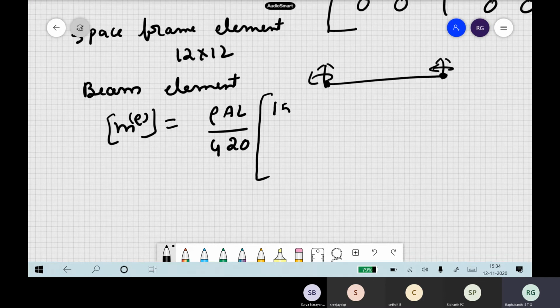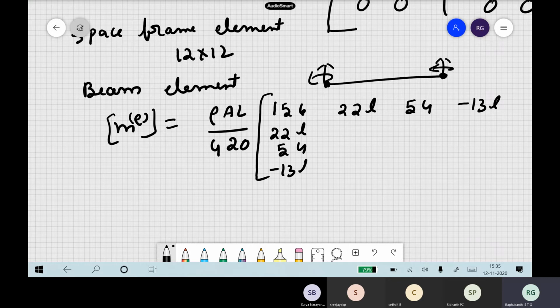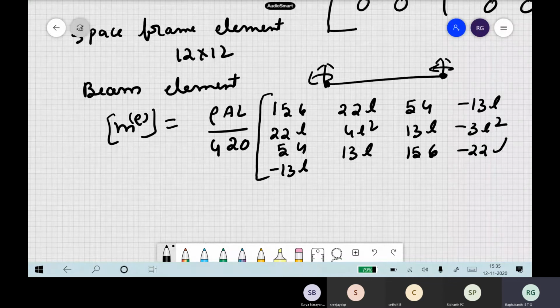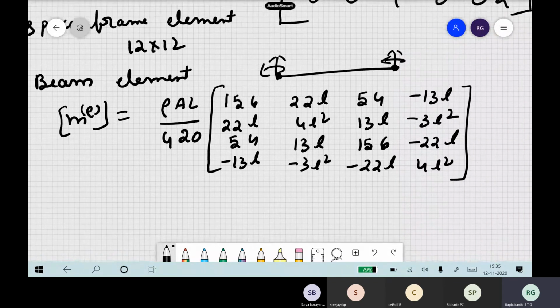So 156, 22L, then 54, then minus 13L, then 22L, 4L square, 13L, minus 3L square, 13L, 156, minus 22L, minus 3L square, 22L, 4L square. So this is our mass matrix for the beam element.